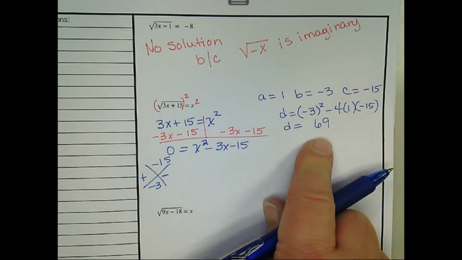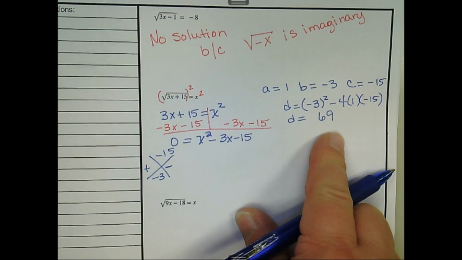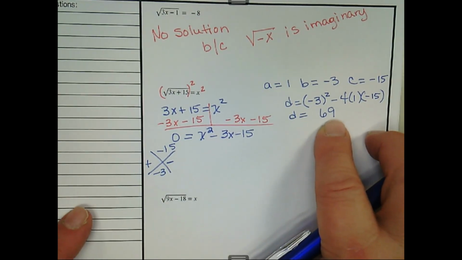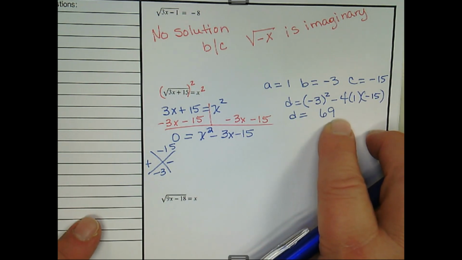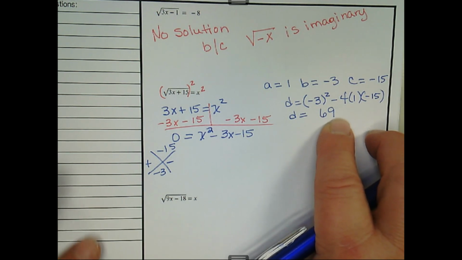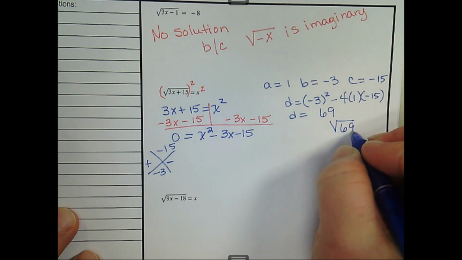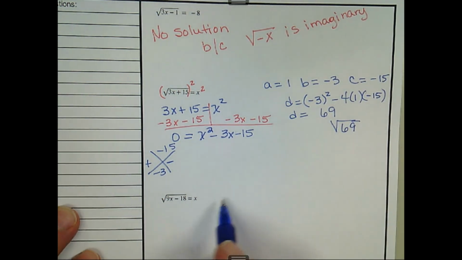We know that 69 is not a perfect square. The factors of 69 are 3 and 3 times 13, so there are no common factors there. So we're going to take the square root of 69. That's simplified, we can't do any more.